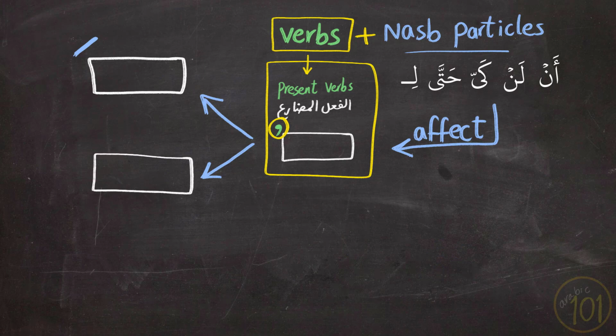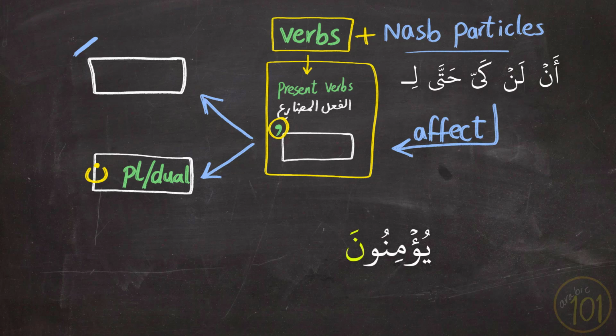The second effect can only be observed on present verbs that are in dual or plural form, which, as you should know by now, both end with noon, like the verb yu'minun, as an example for a plural verb, or yaf'alan, as an example for a dual verb.